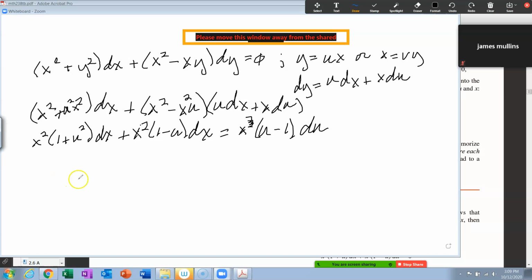Let me see. x squared plus u squared, x squared dx, got that, plus x squared minus u x squared, got that, times u du dx, plus, and then that same thing is multiplied by that, x du equals 0. I forgot my equal 0 here, but that's beside the point.